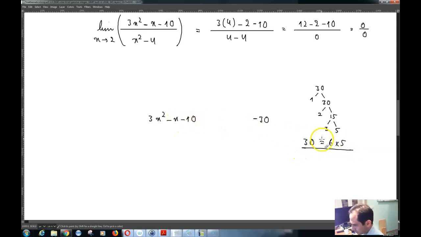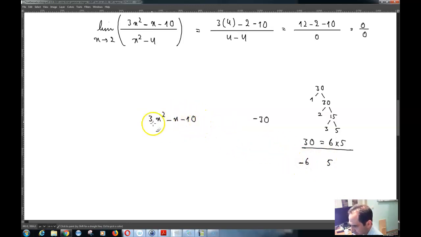Now, if I take 6 and 5 and make this negative 6 and make this positive 5, then negative 6 times positive 5 is equal to negative 30, which is basically the same thing as 3 times negative 10.